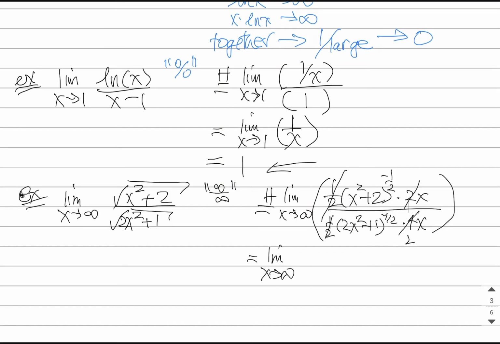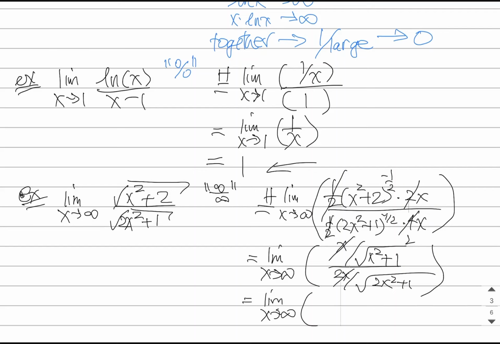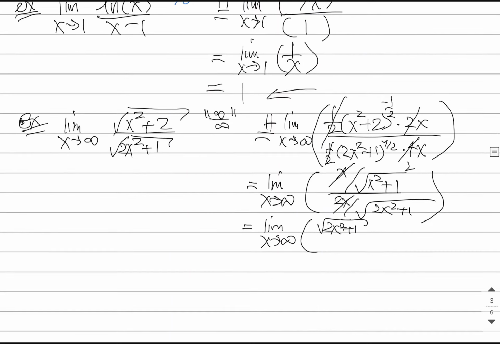And you'd rewrite this limit, and you'd see it as x over that square root divided by 2x over this other square root. So these x's will cancel out, and you'd be left with a limit as x goes to infinity, the square root of 2x squared plus 1 upstairs, and then the other stuff downstairs, 2 times this other root.